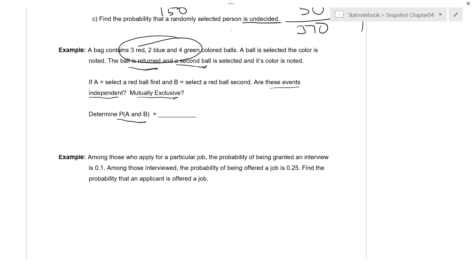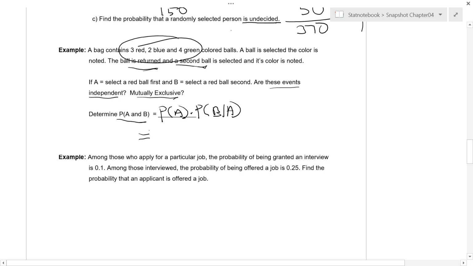The formula that you're familiar with is the probability of A times the probability of B given A. Well, the probability of A, getting a red ball first, is 3 out of 9. There are 3 red. There are 9 balls in total.